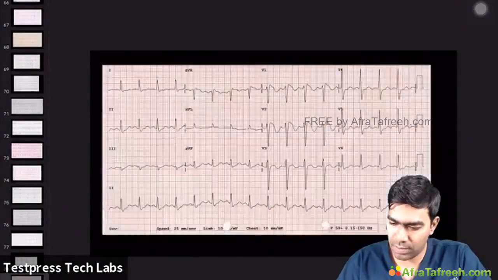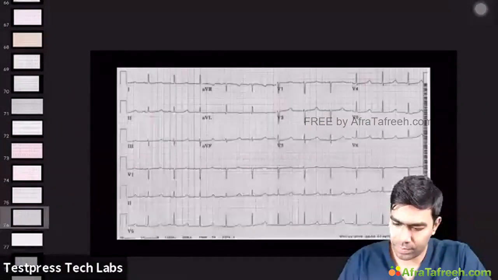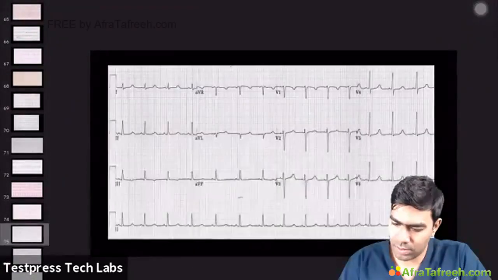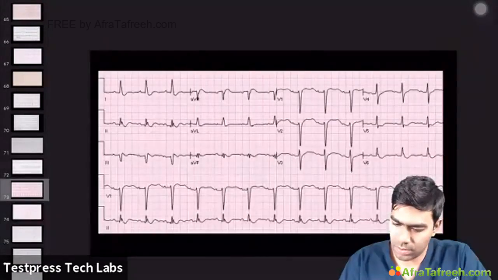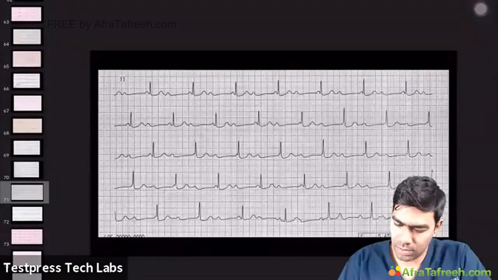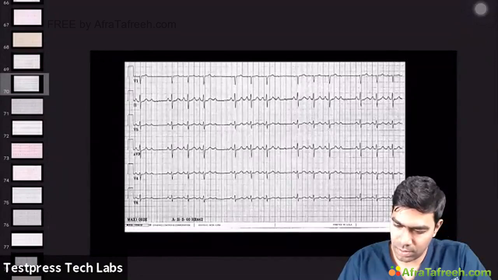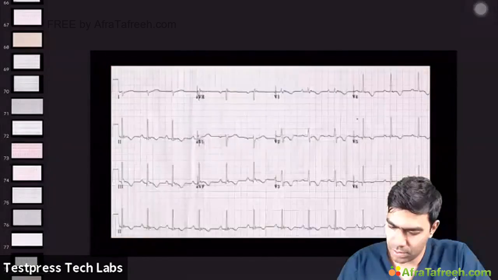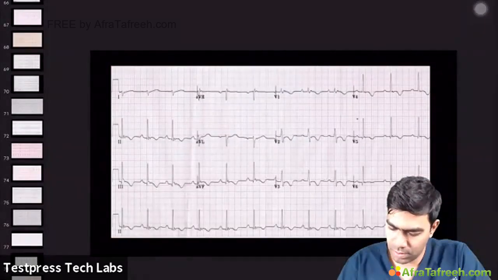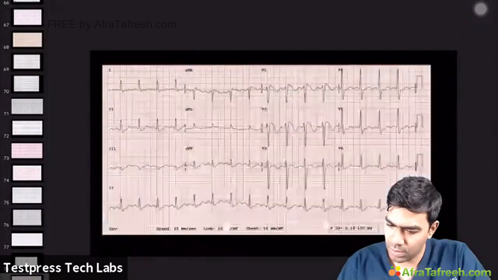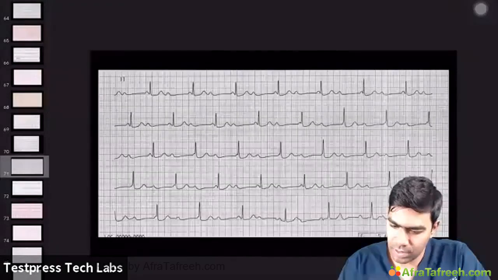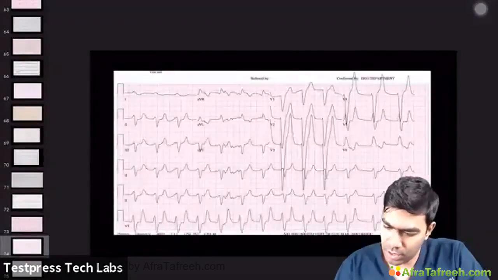So we have... I think this is the... these are all special waves. I want to show the digitalis. Where is the digitalis effect? I think I have forgotten to add that also.